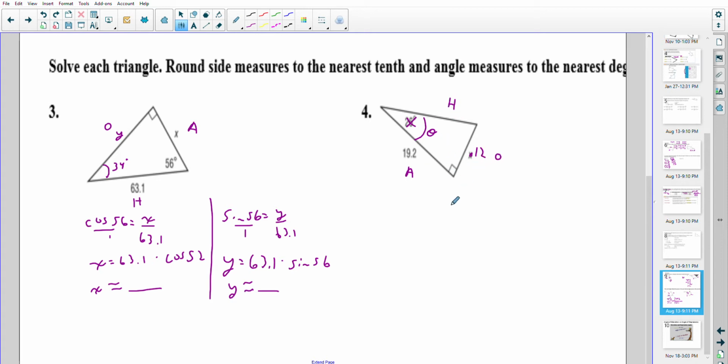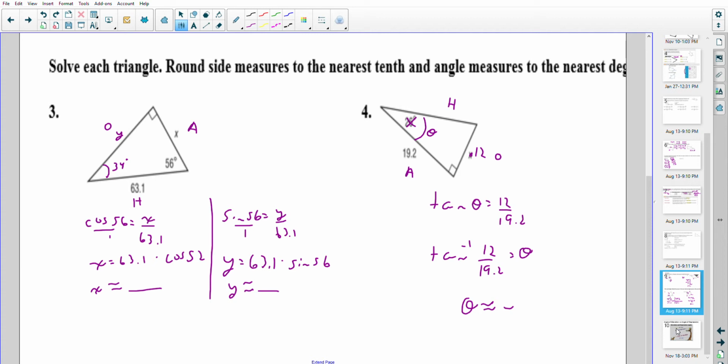Given these two, you know it's going to be tangent, so it's the tangent of your theta equals 12 over 19.2, and now you would do the tangent inverse is equal to your theta. Plug that in your calculator and get your answer.